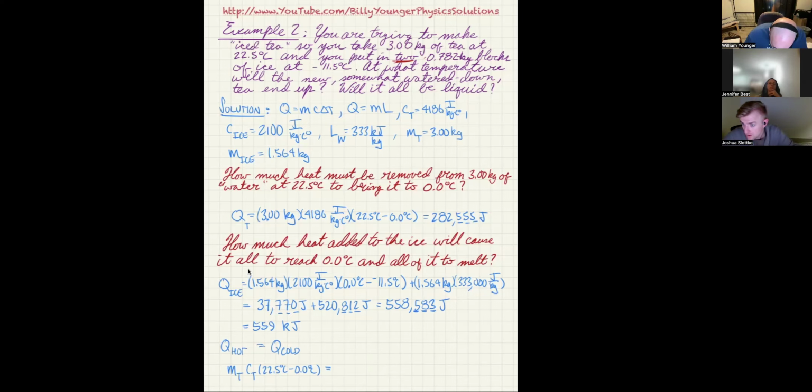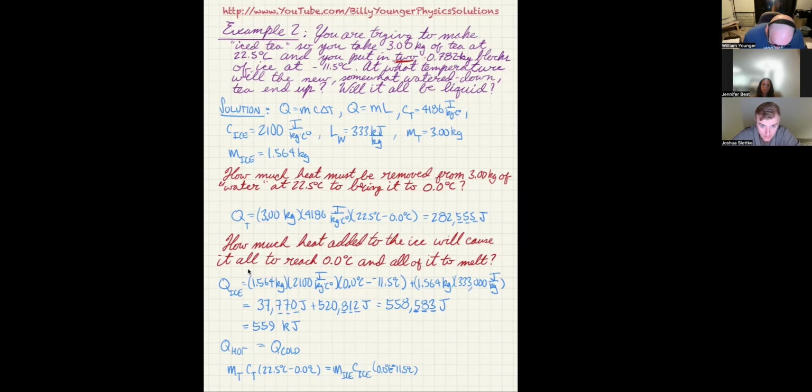So in this case, I'm going to get the mass of the ice times the specific heat of the ice times, in this case, I need a positive, and I know I'm going from negative 11.5 to 0, so I'm going to do 0.0 degrees Celsius minus negative 11.5 degrees Celsius, like that. Notice it's a minus a negative.